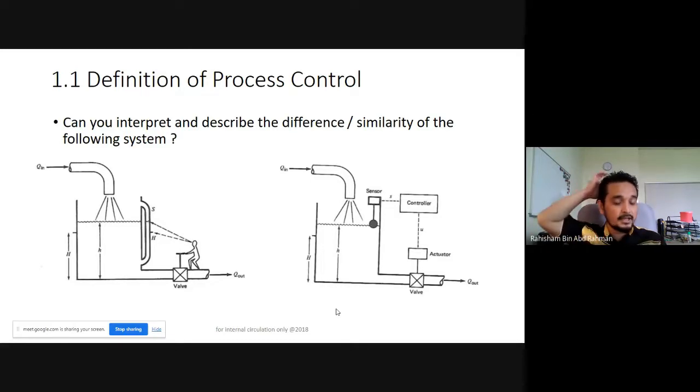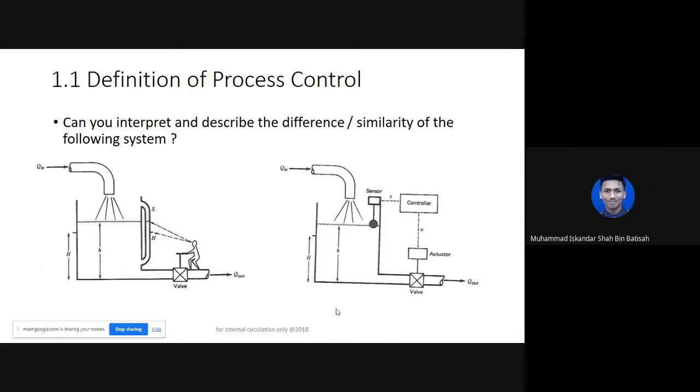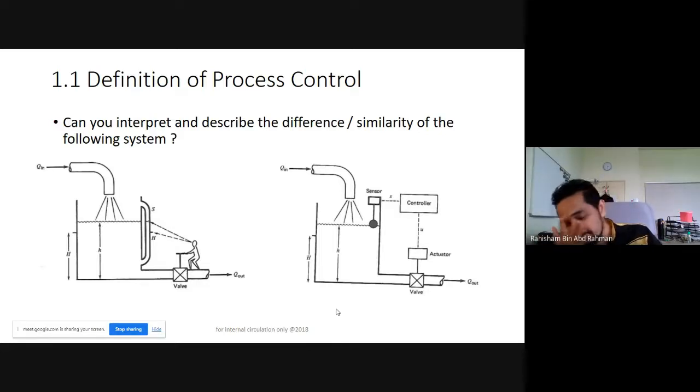If you can think, what are the differences? One is controlled by human, the other one is automatic. Manual and auto, that's fine. Just now your friend told me that one is controlled by human, this one by machines. And then you rephrased it as manual, and this one is automatic.